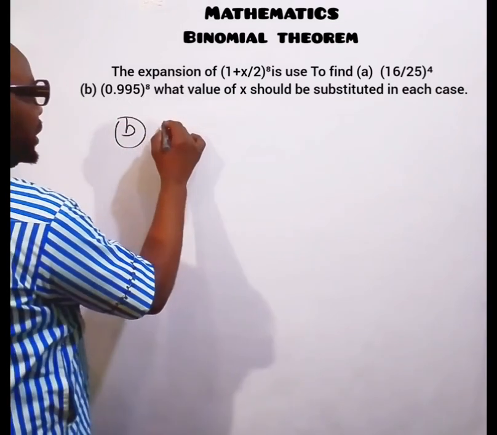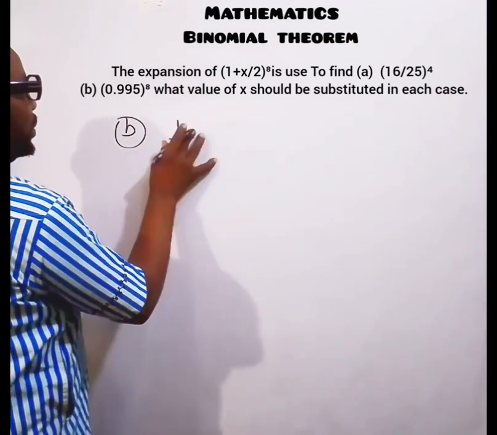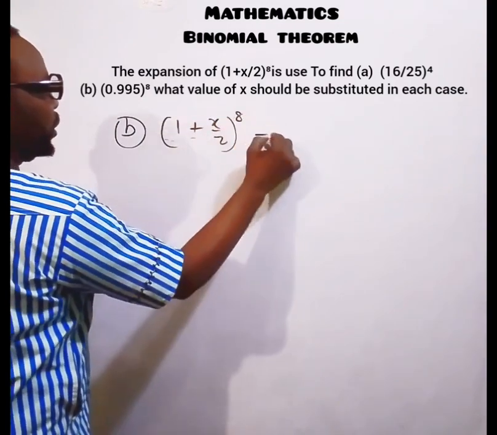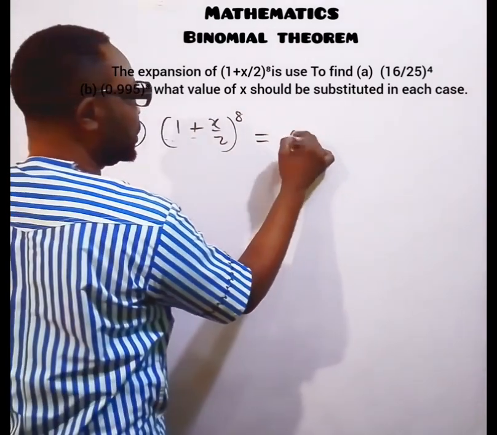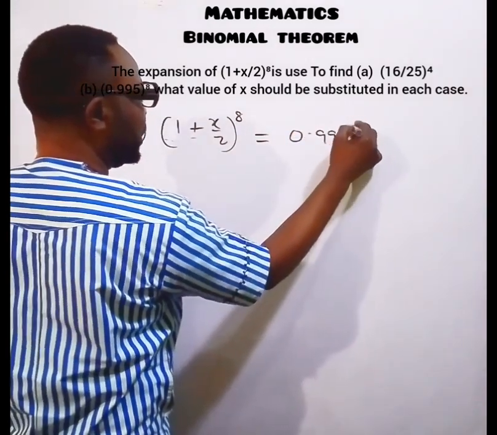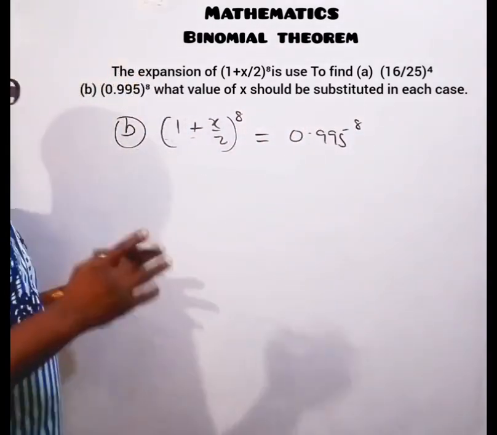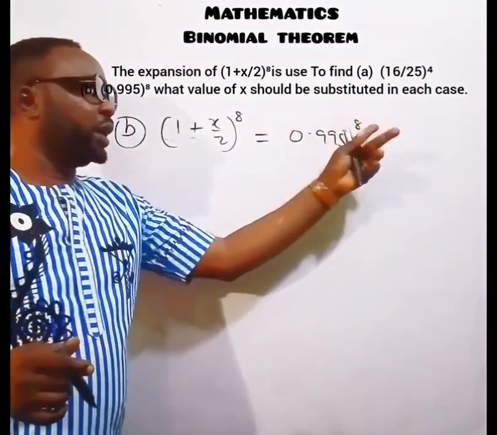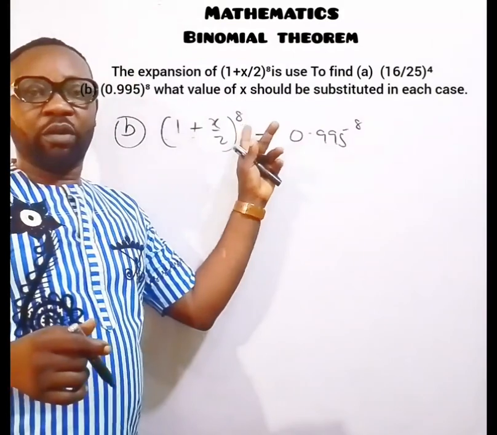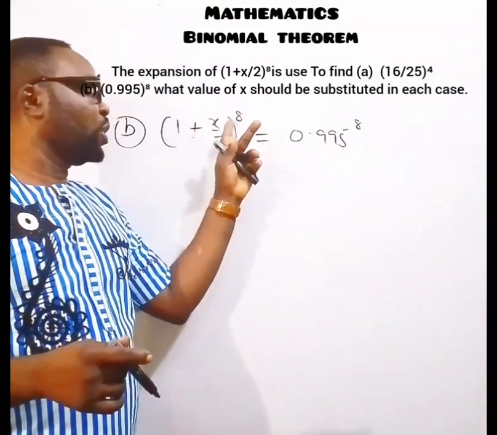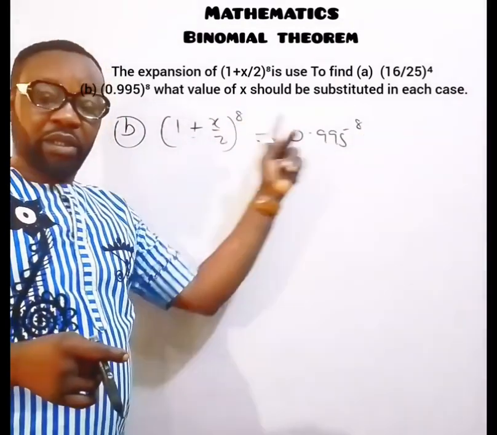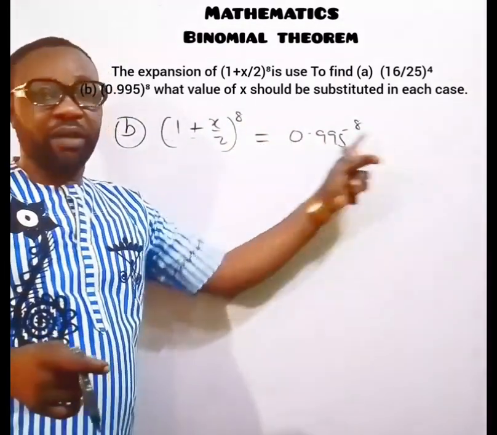The question says 1 over 1 plus x over 2 raised to the power of 8, for the B part, is equal to 0.995 raised to the power of 8. As we did in the A part, what we will do here is first of all make sure that we eliminate this power of 8 from both the right and the left hand side.